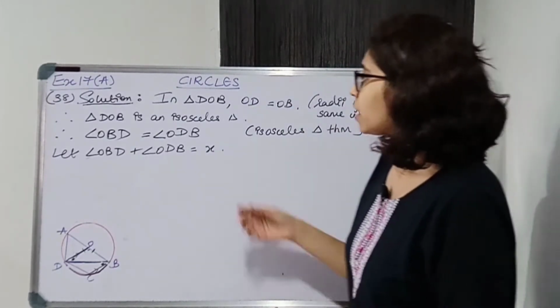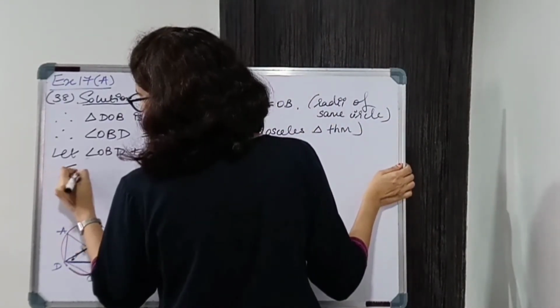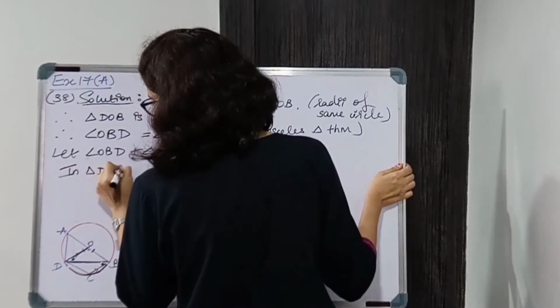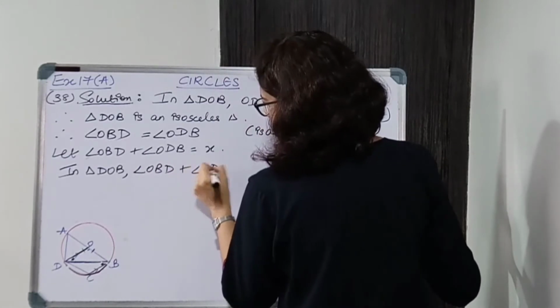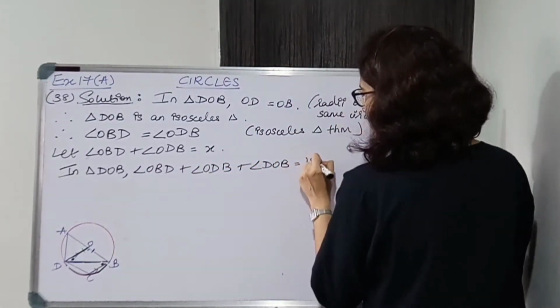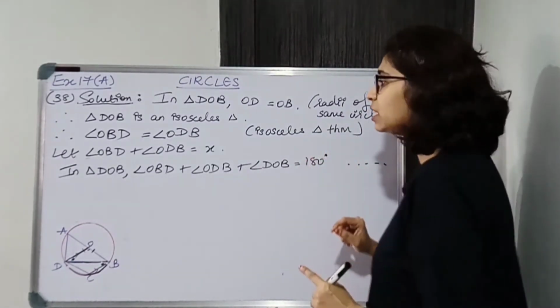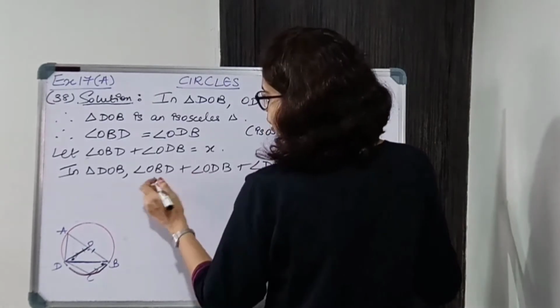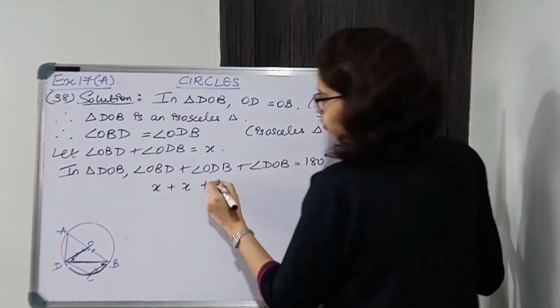Now we'll consider the sum property. So in triangle DOB, angle OBD plus angle ODB plus angle DOB is equal to 180 degrees. Give reason: sum of measures of angles of a triangle is 180 degrees. OBD and ODB both are x. This we found 120 degrees.